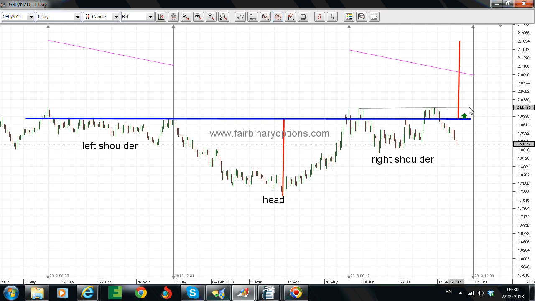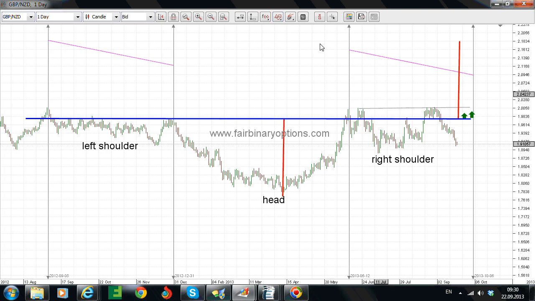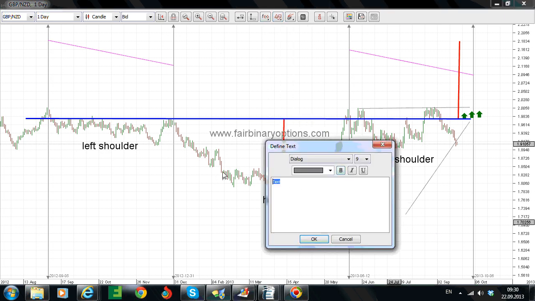So we are looking to buy calls after this neckline is broken, because the inverse head and shoulders is a reversal pattern, and it is a bullish reversal pattern because it comes after the prior bearish move. So we are looking here to buy calls after the neckline is broken. Let me take a line here to write it down. So here we are looking at buying calls after neckline broken and time expires.